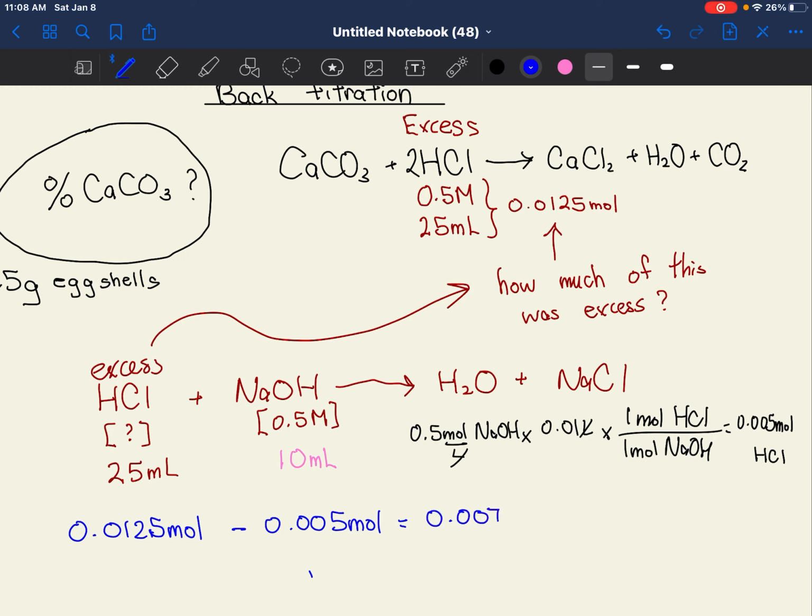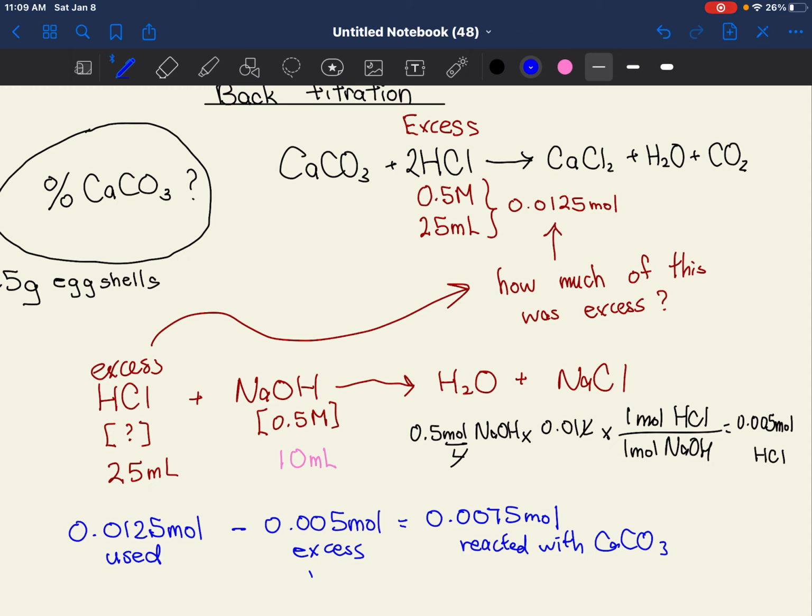This was the amount that was reacted with calcium carbonate. Let's write that down. So this was used originally. This is what's excess, and this is what's reacted with calcium carbonate.